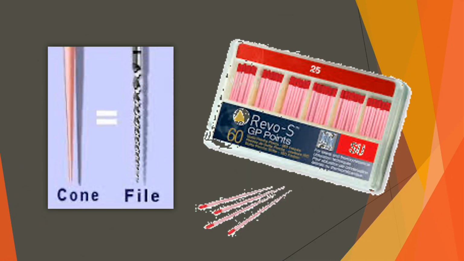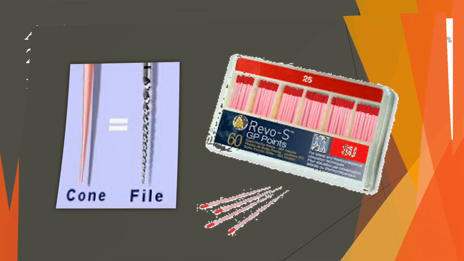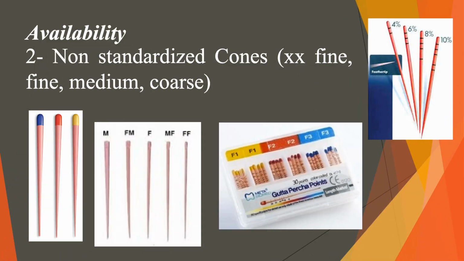It has the same ISO standardization as the files, and this is the non-assorted. Sometimes we will find assorted packs like this one, and sometimes non-assorted, where the whole pack has just one size. There is also non-standardized cones, like those we use with the rotary files, like F1, F2, F3 as in the ProTaper rotary files.